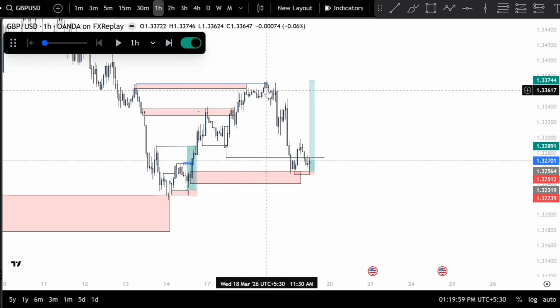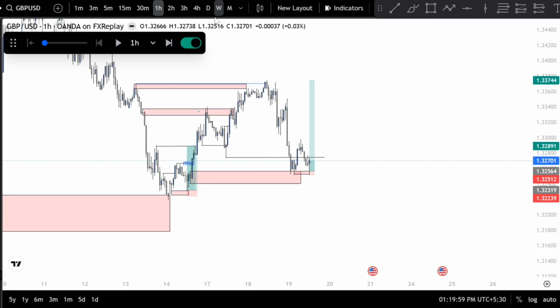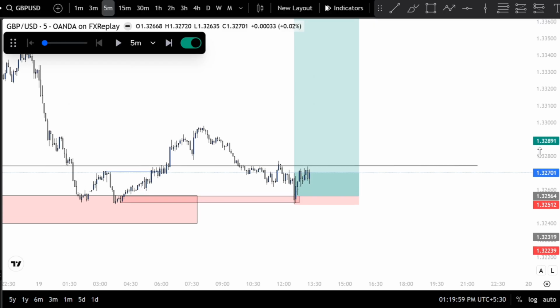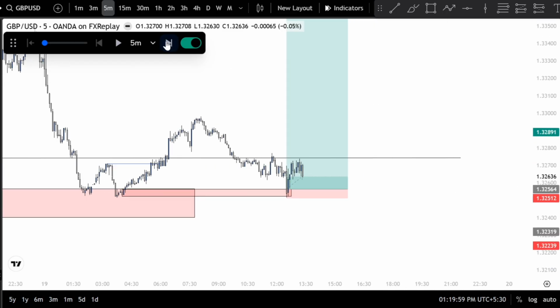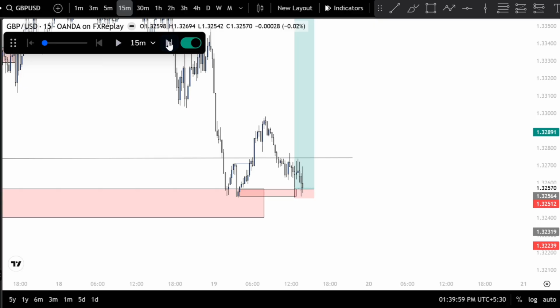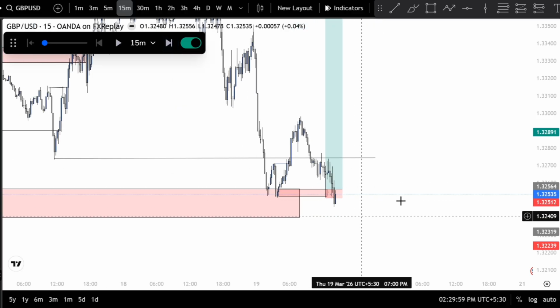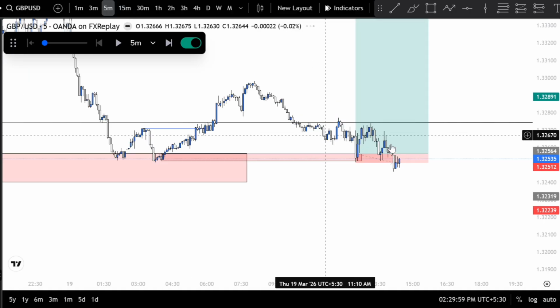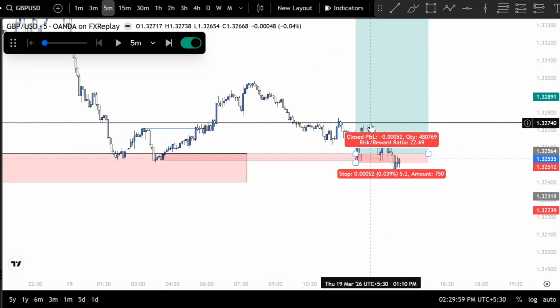Because this is the main swing on the higher time frame, 1 hour and then 4 hour. So if we wait and play forward, okay, price did visit it, but all right, done. So this is the reason why I book 1:3 here, cut out 80% and then leave the 20% for the rest, guys.